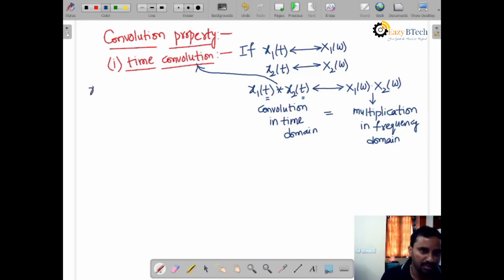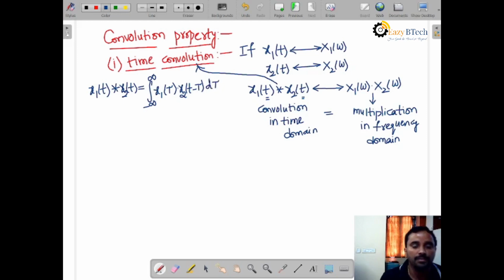Convolution: x1 of t convolved with x2 of t is equal to the integral from minus infinity to plus infinity of x1 of tau into x2 of t minus tau d tau.